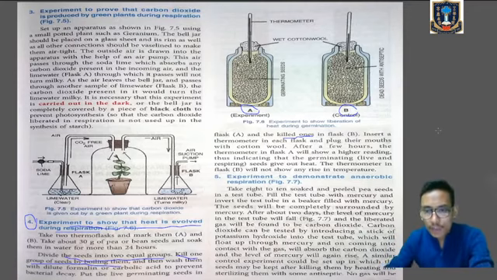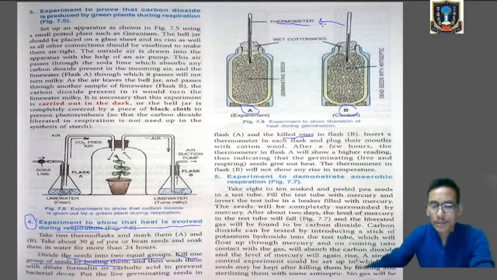After that, you can see over here we are putting the thermometer in each flask. Over here you can see a thermometer, and this is also a thermometer. Their mouths will be plugged with the help of wet cotton wool.